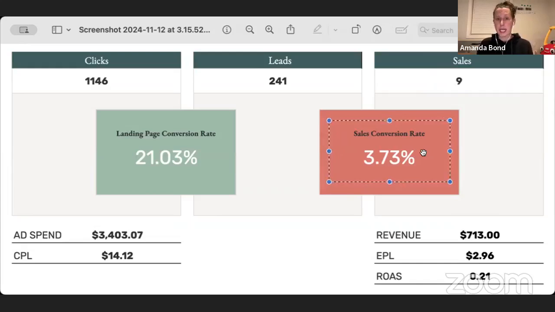Now, is that great? Again, all we have to go off of is our own results, what we've historically got, or industry standards, but then there's nuance with that because every funnel is completely different. So I always try and beat myself versus compare it to the industry.